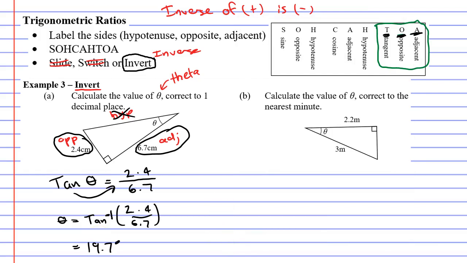Alright, let's move on to example B this time. Opposite our right angle is hypotenuse, opposite our marked angle is opposite, and adjacent's last. So we notice that we have a value for A, for adjacent, and we have a value for H, hypotenuse. So this one has to be the middle part of our acronym because we have adjacent and hypotenuse here.